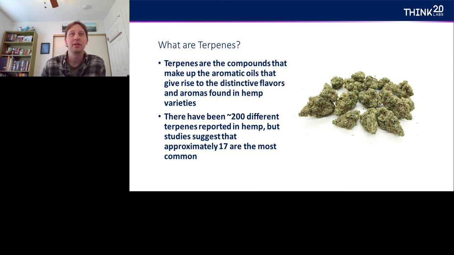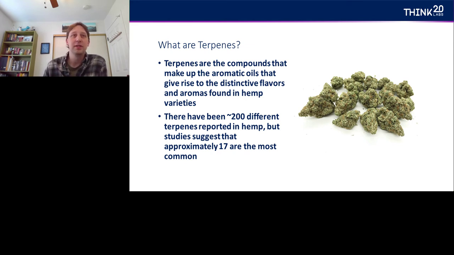This is a compound that's present in pine trees and gives them that very distinct piney scent. Mint, tomatoes, any sort of effervescent plant most likely contains terpenes, and they are nearly omnipresent in the plant world.